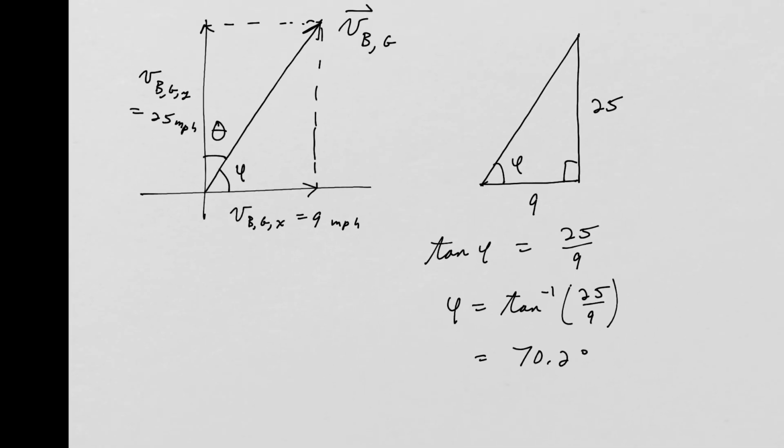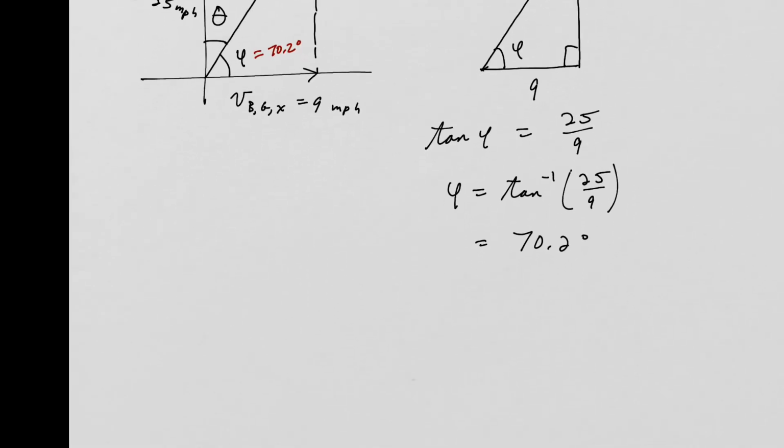So we're saying that this angle right here is 70.2 degrees, but I really want this angle theta. So how do I find theta? Well, in this case, to get theta, I'd have to do 90 minus phi.